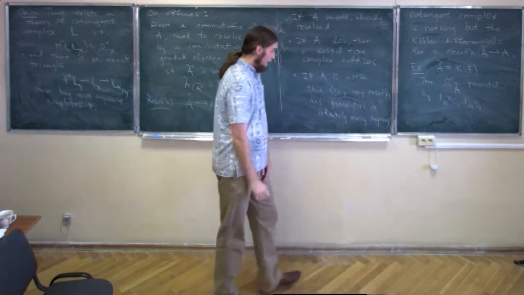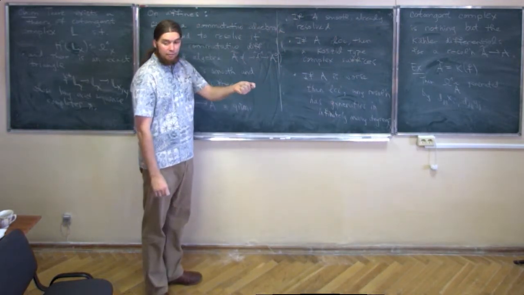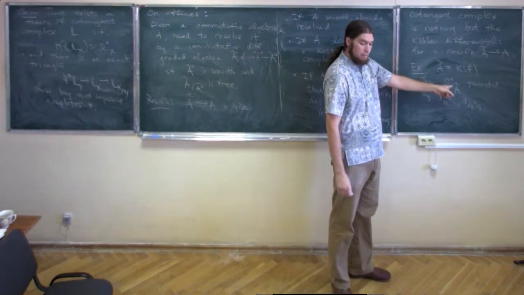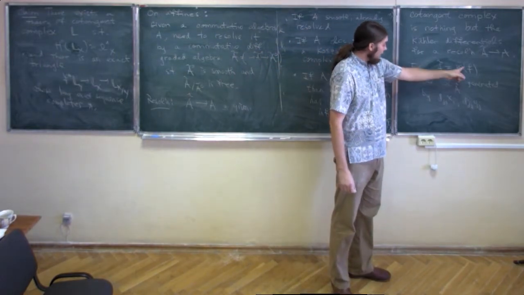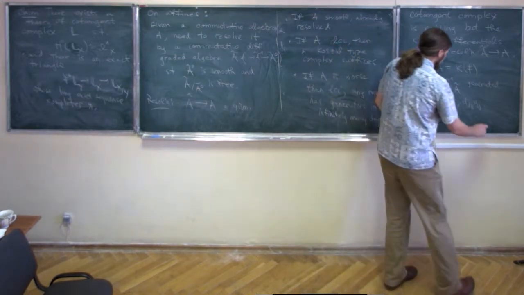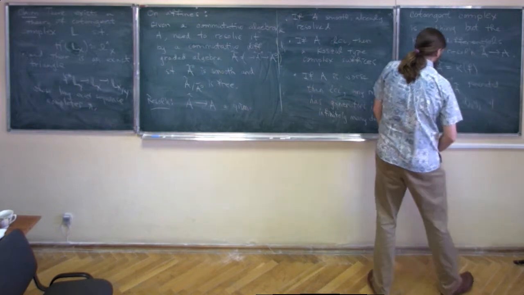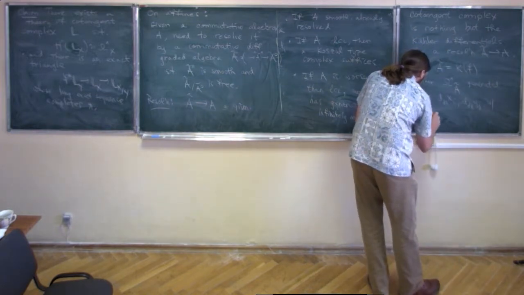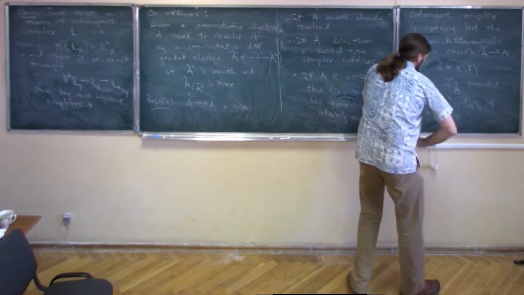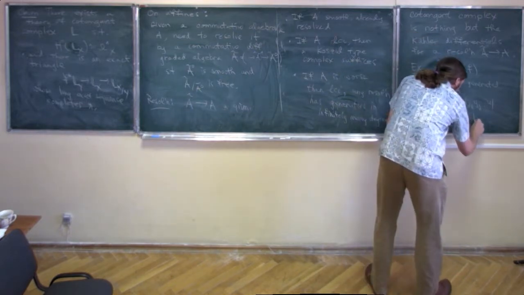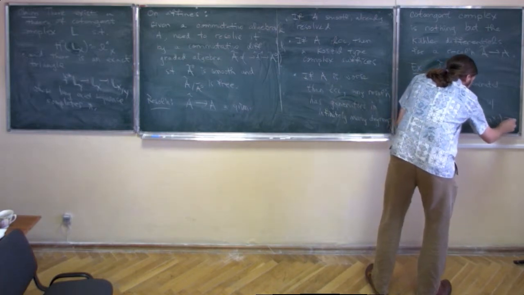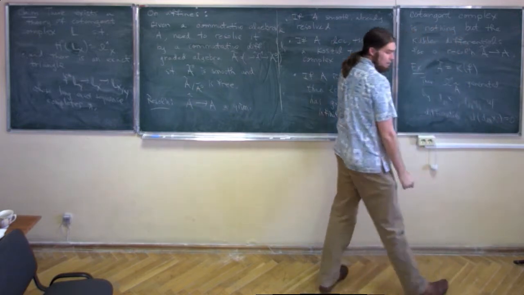And the additional feature that we have here is that this is no longer just a module, but a differential graded module, because the algebra has a differential on it that induces a differential on the Kähler differentials. So with differential, d applied to this generator, that's just 0, because d sends x_i to 0.